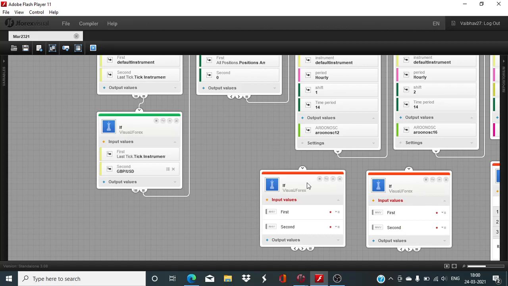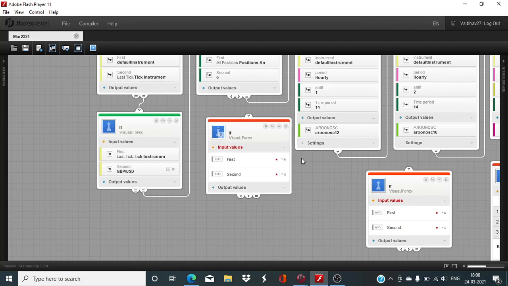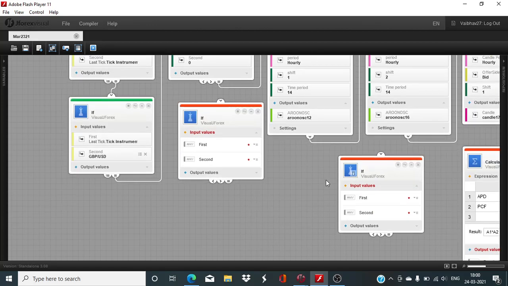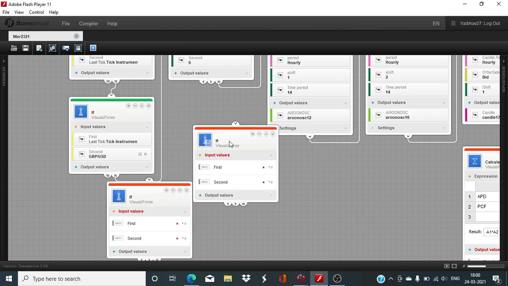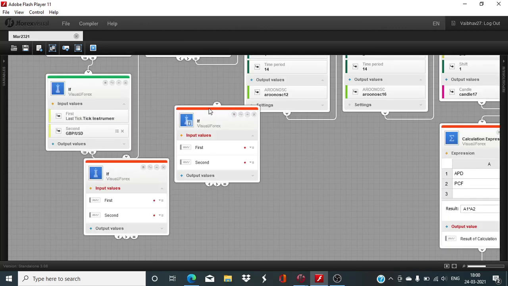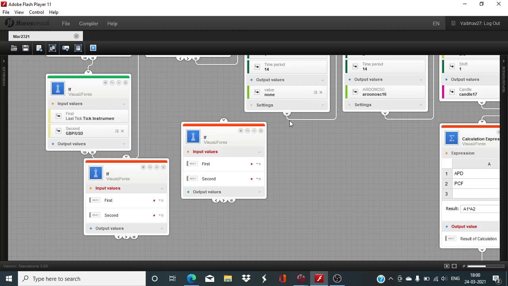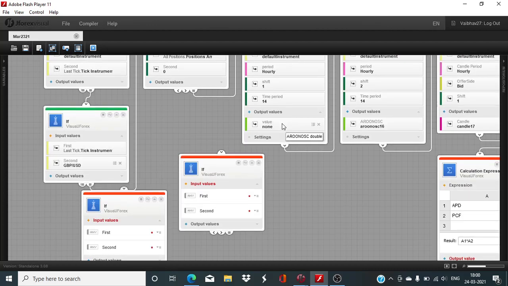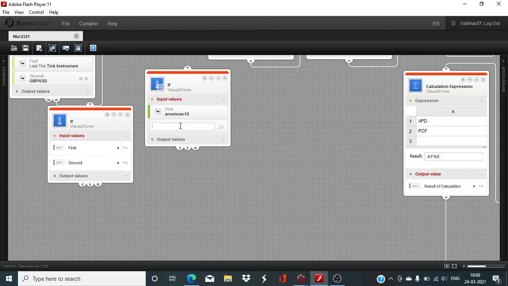we want the Aroon oscillator values to be on the rise, and the last one needs to be equal to 100. So now that comparison needs to be done.